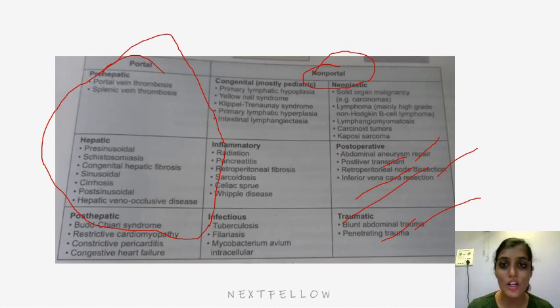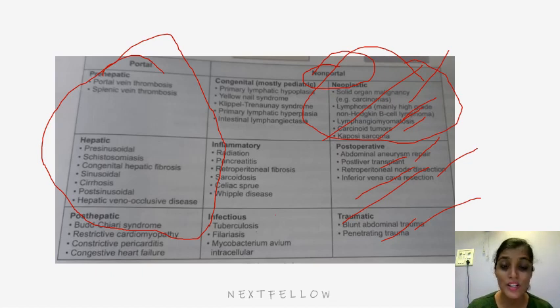Neoplastic, like solid organ malignancies like carcinoma, lymphoma, mainly high-grade non-Hodgkin's B-cell lymphoma especially, lymphangiomyomatosis, carcinoid tumors and Kaposi sarcoma. So these are the neoplastic causes of portal hypertension.